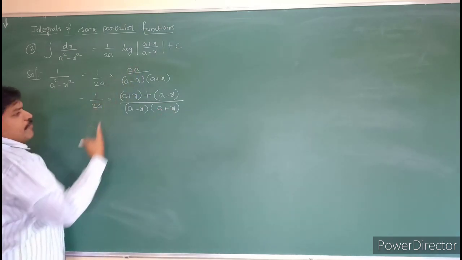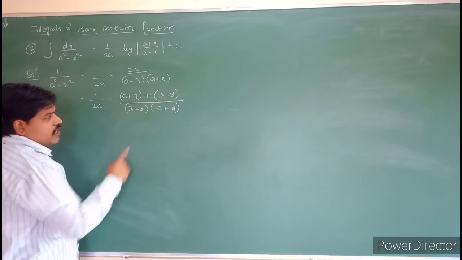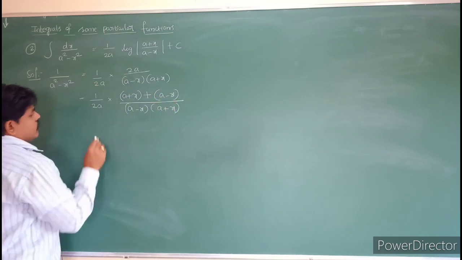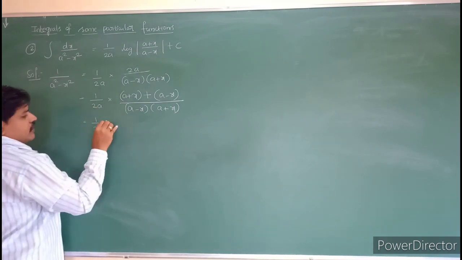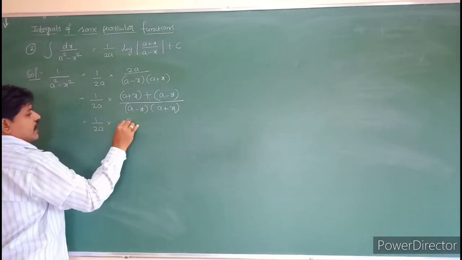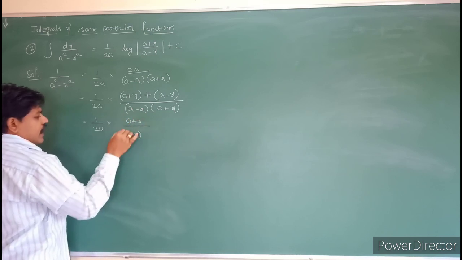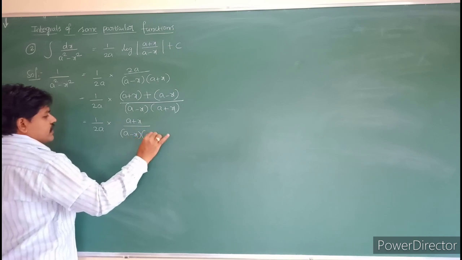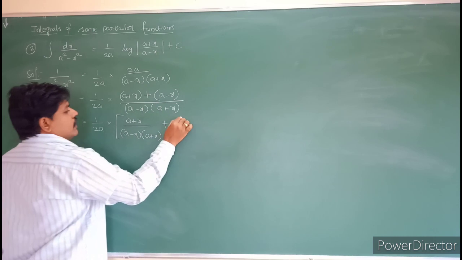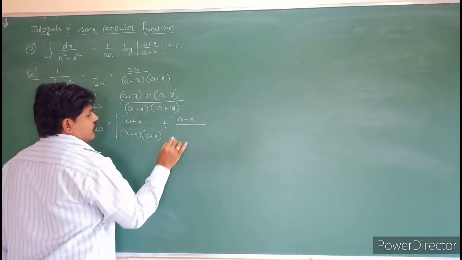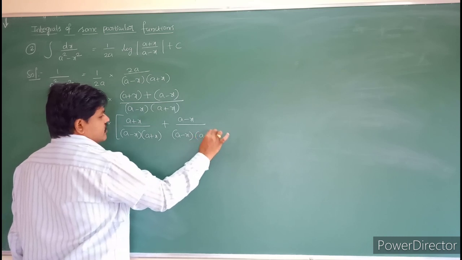Here x will be cancelled, and you will get 2a. So that is equal to 1 by 2a into, separating the terms, a plus x by a minus x into a plus x, plus a minus x by a minus x into a plus x.